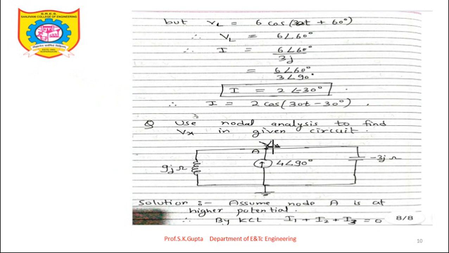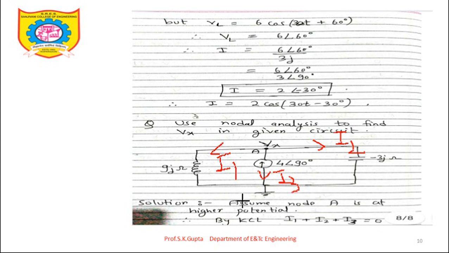So I will assume that this node is at higher potential. Higher potential means all currents are leaving currents. So this I1 current is leaving current, this I2 current is leaving current, and this I3 current is also leaving current. So by KCL, I1 plus I2 plus I3 equal to 0. Okay. Now what is the value of I1?